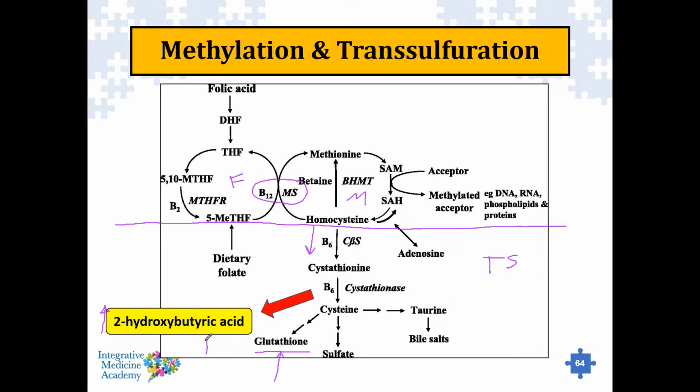And part of that could be an increase of 2-hydroxybutyric. The transsulfuration pathway is also important for making sulfate to aid in liver detoxification, as well as bile salts, which help with fat digestion and fat-soluble vitamin absorption.